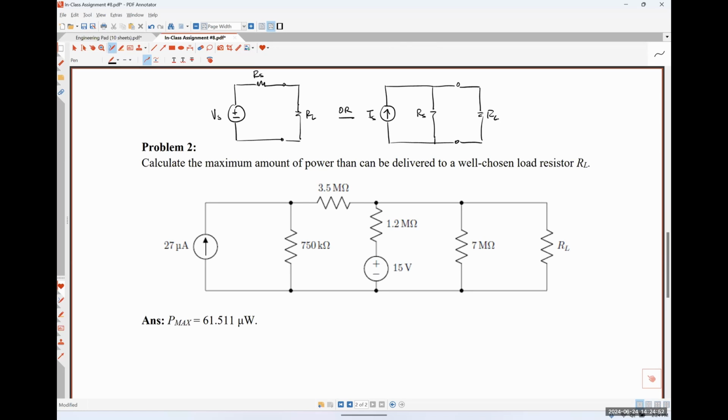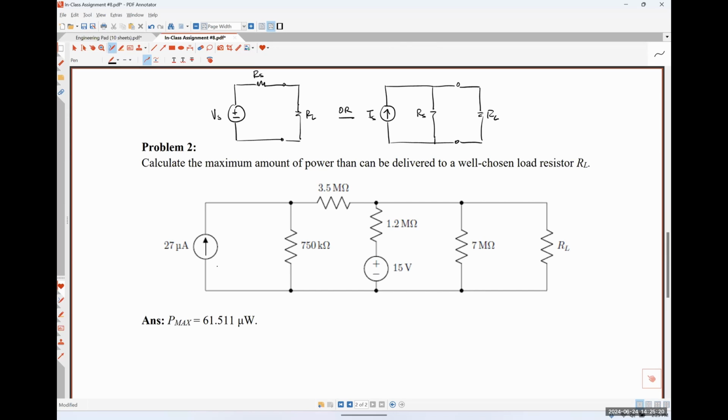So the first question that I want to ask you guys is, does this circuit that I have below here have any practical voltage sources or practical current sources? Current source. So there is a practical current source. The 27 microamps in parallel with the 750 kiloohms is definitely a practical current source.